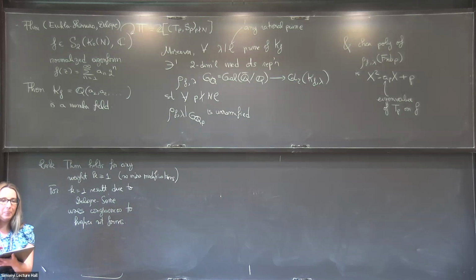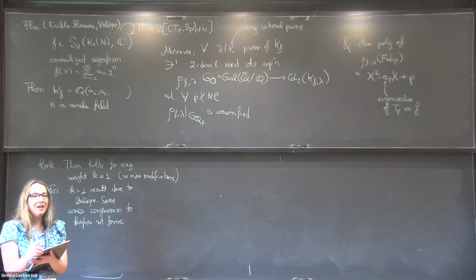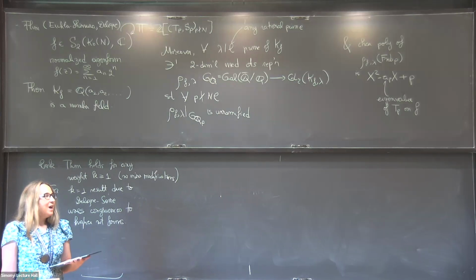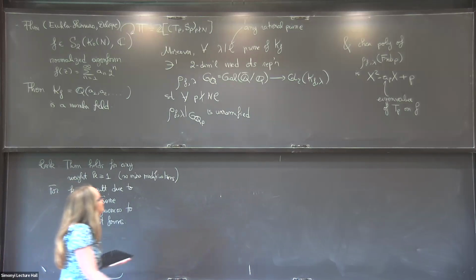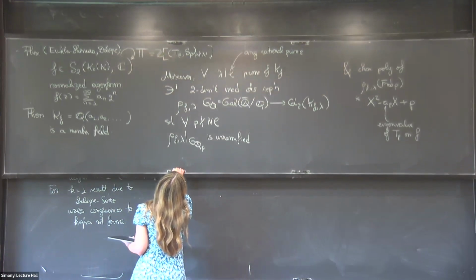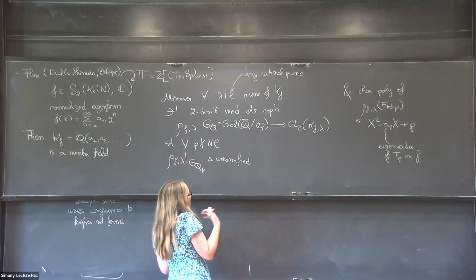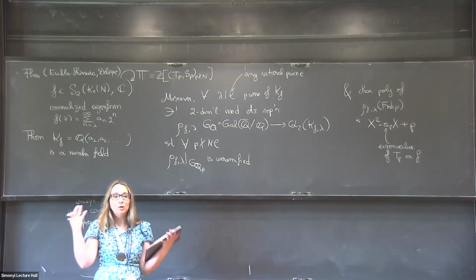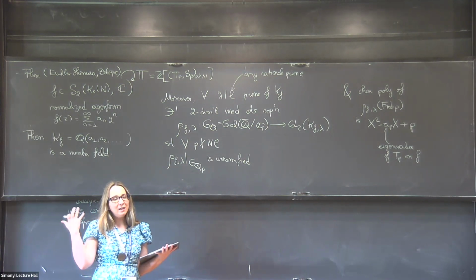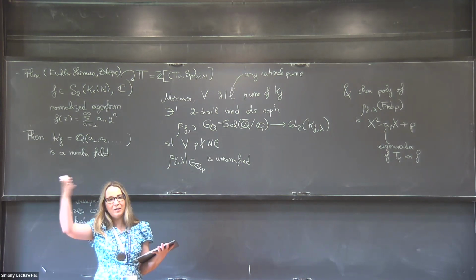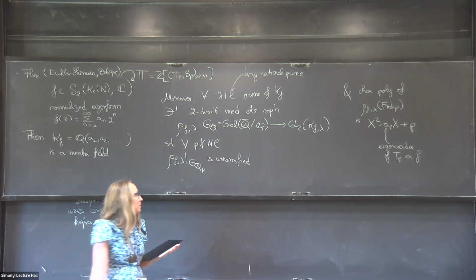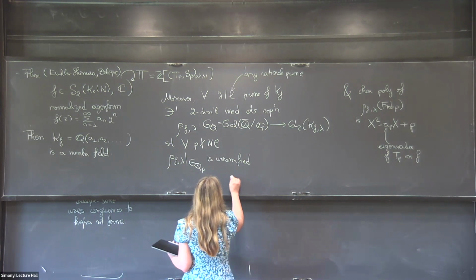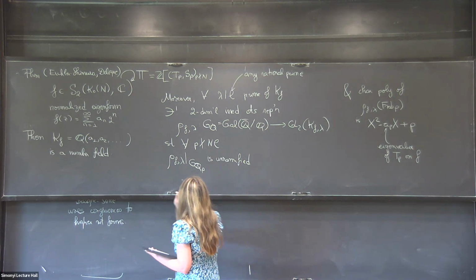Yeah. Could you just remind me what it means for the representation on GQP to be unramified? Yeah, so basically, QP is this local field, and it has a ring of integers ZP and residue field FP. And there is a short exact sequence.